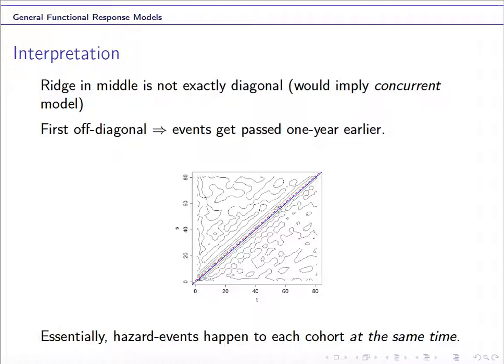So in other words, the person at age 50 will be exactly the same person as at age 51 in the next year. So in other words, the correlation of this beta s of t when s is t minus 1 is very, very high, because you're talking about the same population.